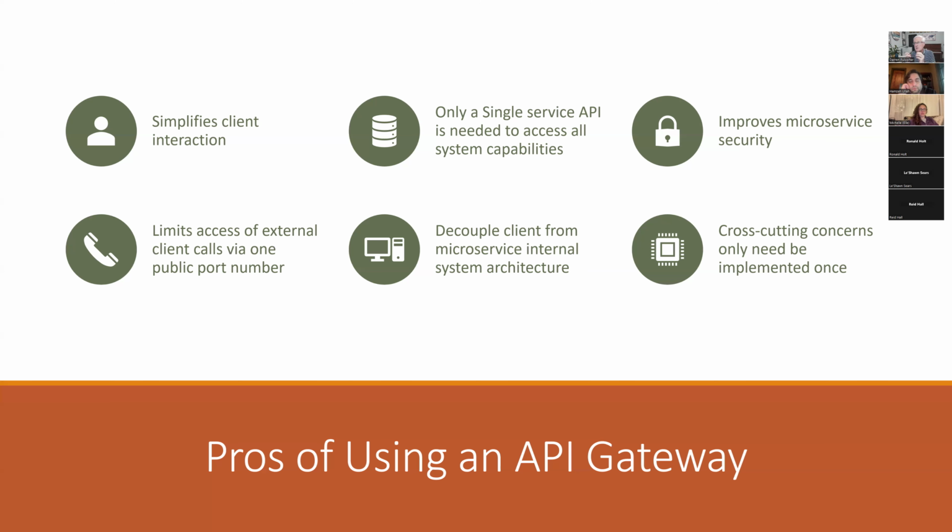And if I need super duper security underneath the covers, then I could also do authentication between the API gateway and the individual services as well, if you need that. All right, so it also limits access from external clients calling the services directly.